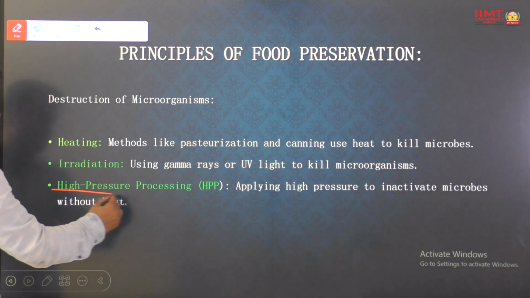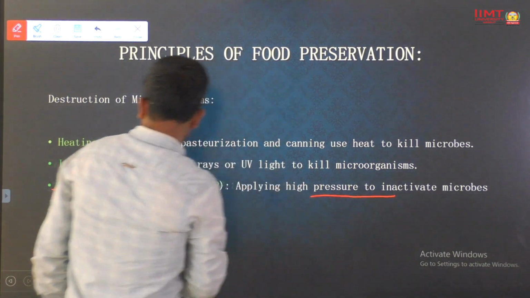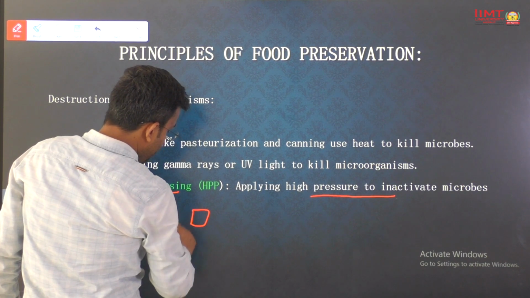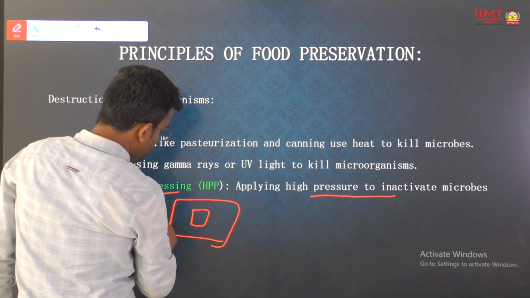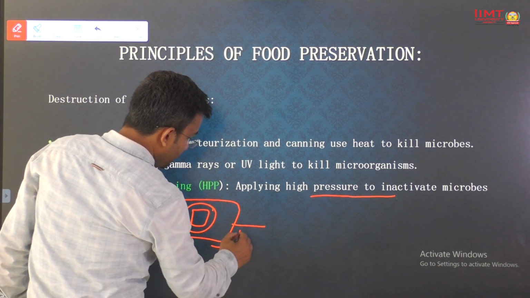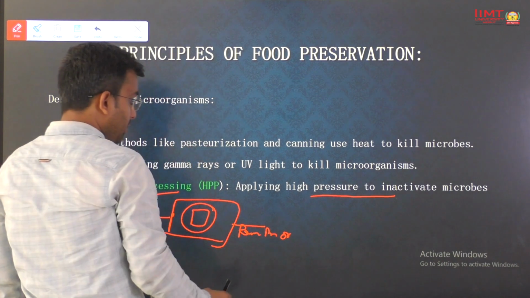In high pressure processing, HPP, we apply a high pressure to inactivate microbes without heat. Means we place the sample in a unit where we pressurize the product and inactivate the microbes.